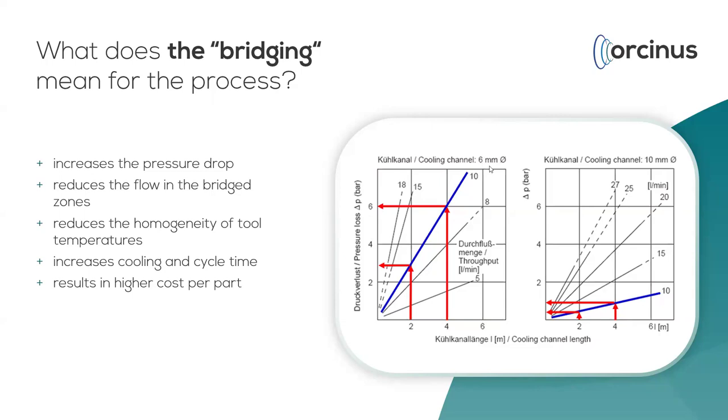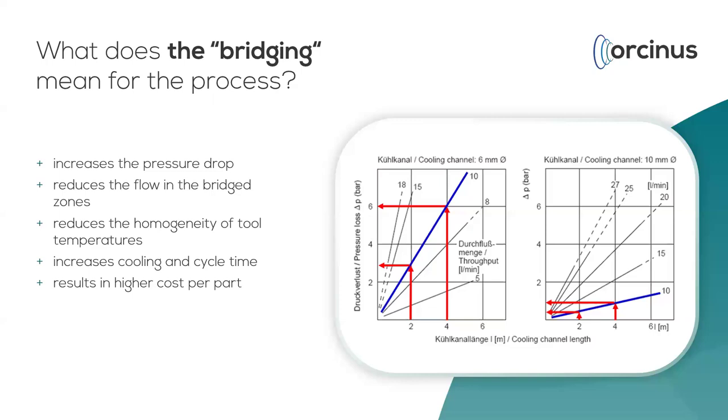So this is with a 6 millimeter diameter, which is very common, I think. But if you could use a 10 millimeter, then it will be not so impressive like here when you lose 6 bar. So what we want to show you is that the longer the cooling channel is, the more pressure drop you have.